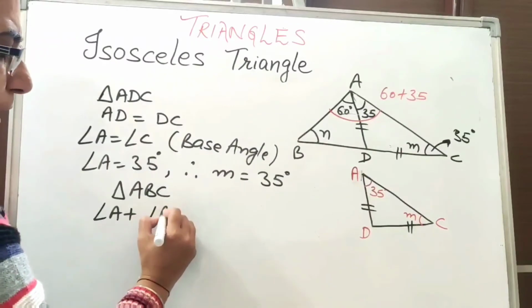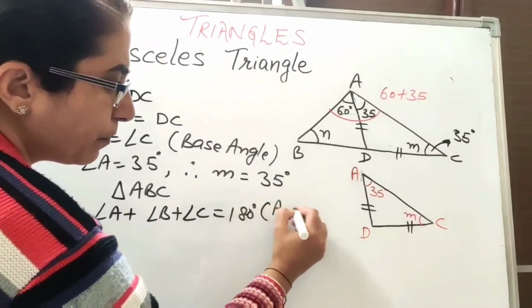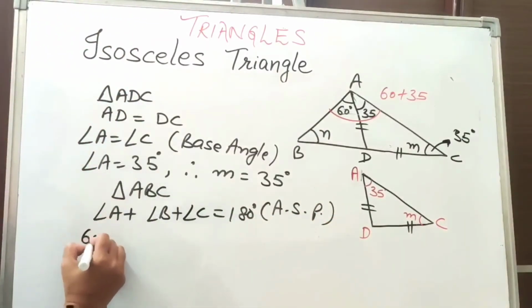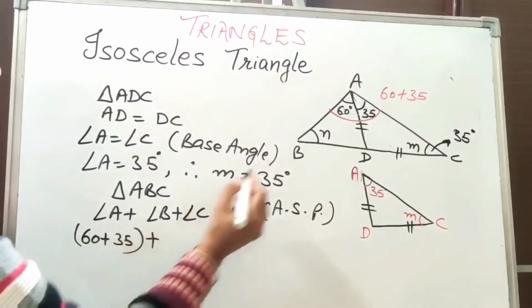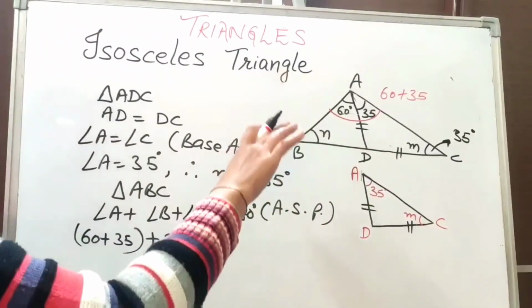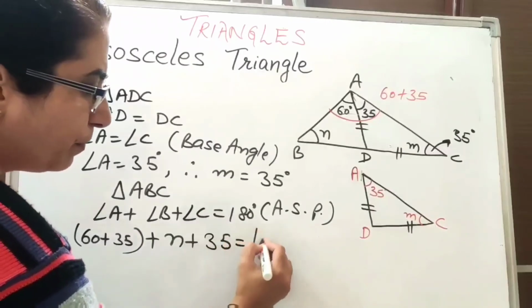Angle A plus angle B plus angle C is equal to 180 degrees, angle sum property of triangle. So angle A we can write 60 plus 35. Angle B is N, plus C. C was M, but now the value of M is 35, so we can write 35 here, equal to 180.